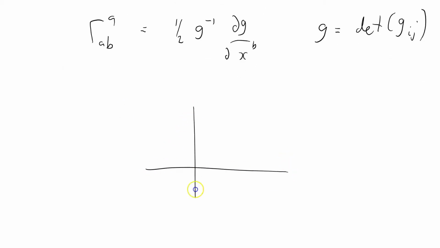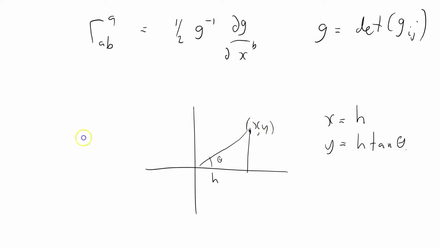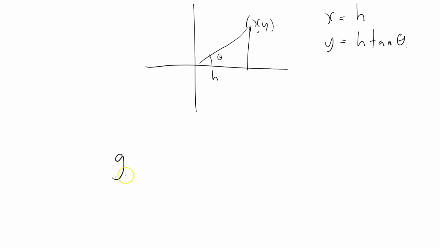So I'm going back to my h theta system. There's a point x, y, where x equals h and y equals h tan theta. So this beautiful system here. And in this particular basis, the metric tensor looks like this.